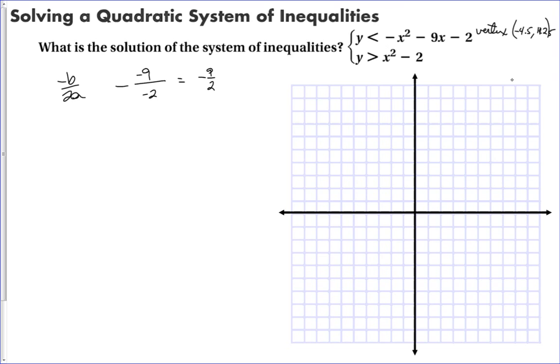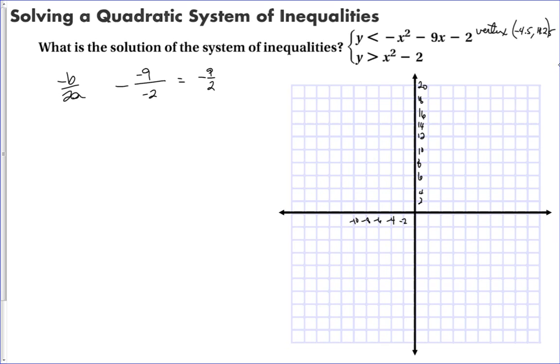Again, I'm going to go by 2's on all my axes: 2, 4, 6, 8, 10, 12, 14, 16, 18, and 20.